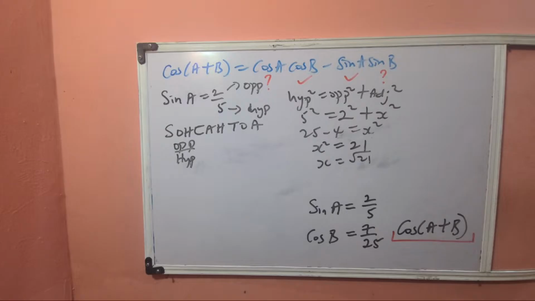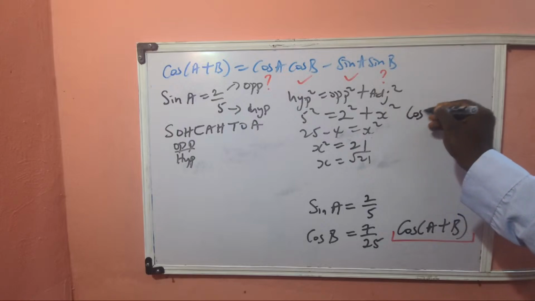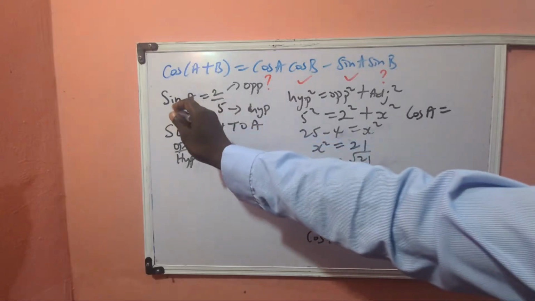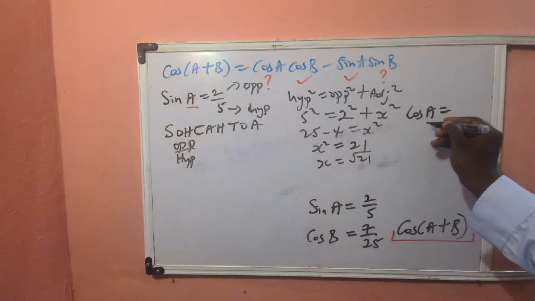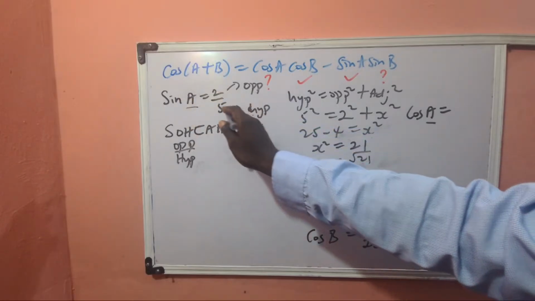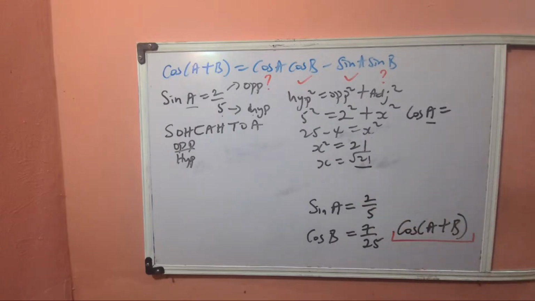So that means my cos A now, don't forget, this A is an angle on its own. This was the opposite for when we were dealing with angle A. This was the hypotenuse. Now I've gotten the adjacent to be this.